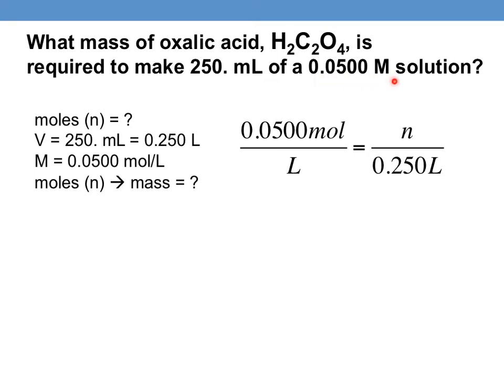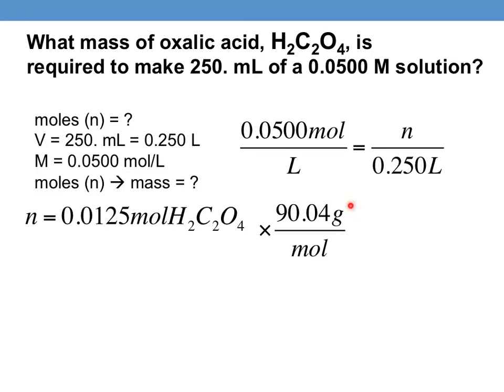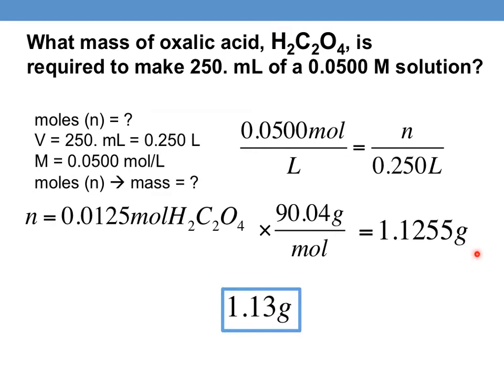So using our concentration, which is 0.05 moles per liter, and I know how many liters I want, I can calculate the number of moles needed. Once I have the number of moles needed, I can use the molecular weight of oxalic acid to come up with how many grams are needed.